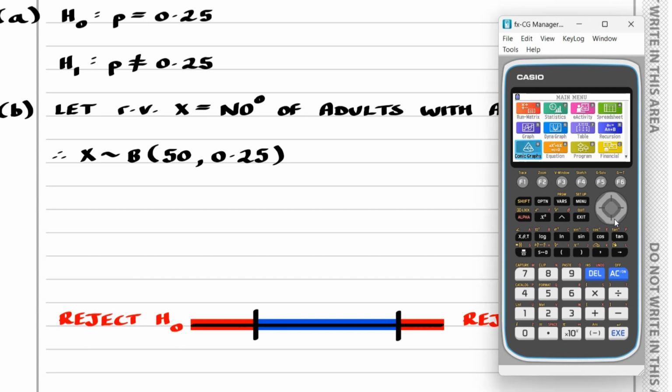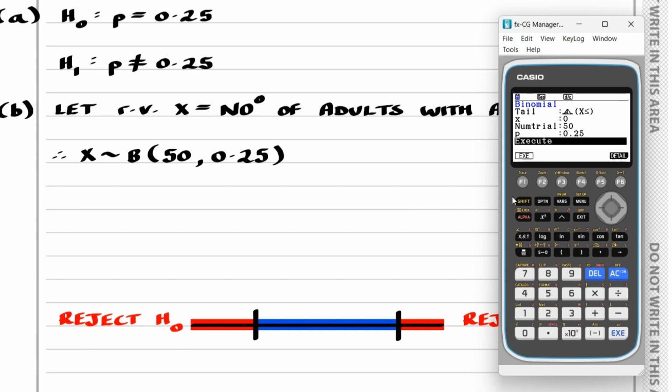From our calculator, if we go to the distribution sub-menu, we have a binomial. If we consider the lower tail by pressing F1, we will leave x as it is. The number of trials we have is 50 and p is equal to 0.25.